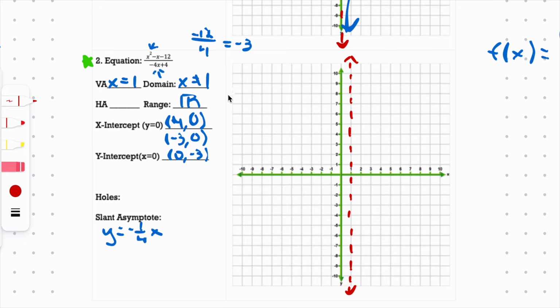And then we have a slant asymptote at y equals -1/4 x. So if we graph this line, it's going to look something like this. I'm going to put some points here just so I can use them as references, and then I'm going to draw a line like this.